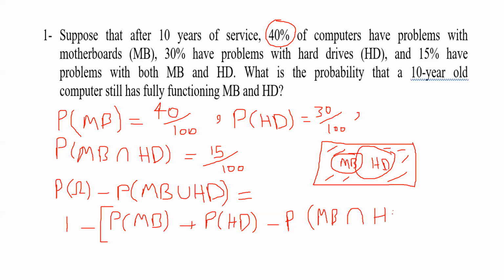And we already have all the values that we need, right? So it will be 1 minus, here we have 40%. Here we have 30%. And for their intersection, we have 15%.